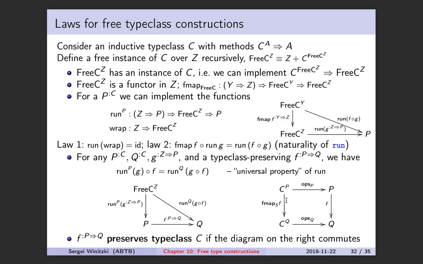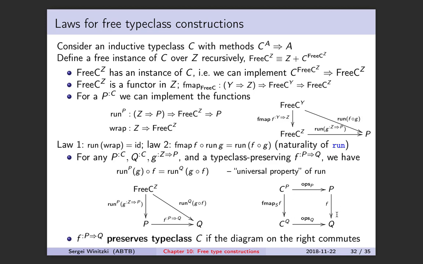The property of preserving the type class is this diagram, which is that here is the methods functor of the type class, and here's the methods for P, and here are the methods for Q. And if you map P to Q, then the methods are also mapped to each other. So in other words, for instance, if the class is a monoid, then the function f must transform the unit element of the monoid P into the unit element of the monoid Q, and it must transform product in the P monoid into the product in the Q monoid.